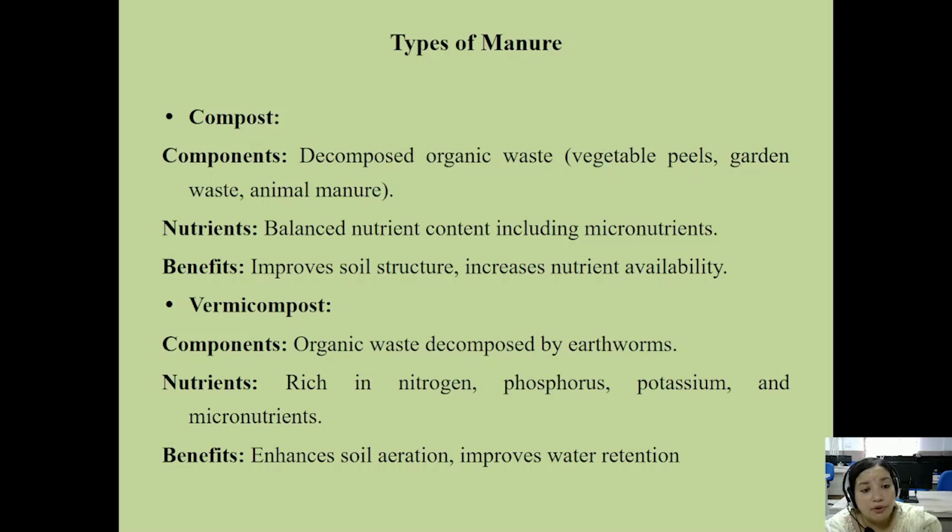These are the benefits of vermicompost. The components are organic waste decomposed by earthworms, rich in nitrogen, phosphorus, potassium, and micronutrients. Benefits are enhanced soil aeration and improved water retention.